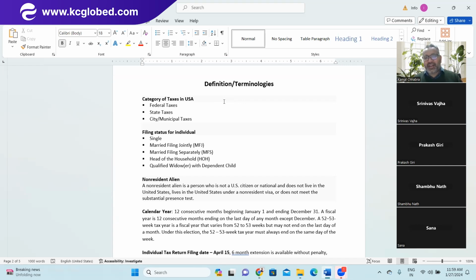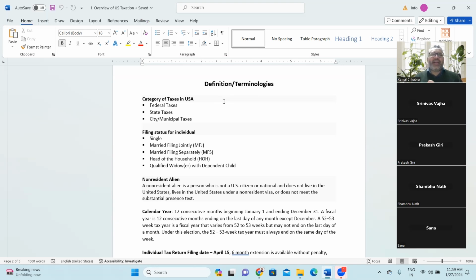If not, then married filing separately. You cannot file any other status. Married filing separately is one of the most tax disadvantageous positions. That means you are married but not trusting each other, or you might not be fair with each other, so you should get less tax advantage or less tax benefit.